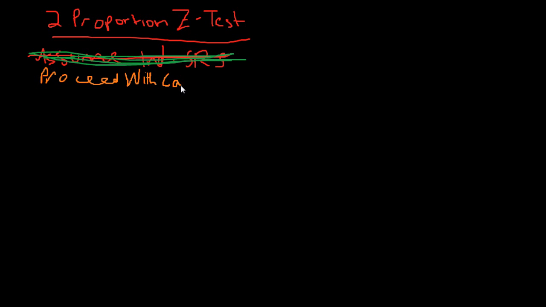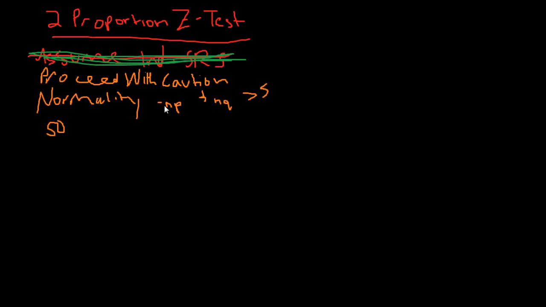Now that we have that out of the way for the most part, we can go to the other assumption. Outliers. This is a proportion test, so there's no outliers. And then normality. Okay, so we have a sample of size 50, and we have to test that np and nq are both bigger than 5.